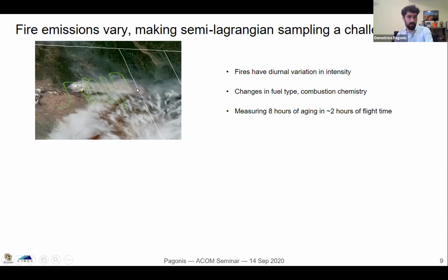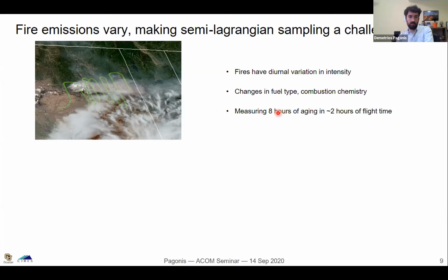Right, the typical sampling approach of measuring smoke from the air is to go ahead and just fly patterns back and forth across the smoke and do this semi-Lagrangian sampling. Just because of practical constraints, we're generally measuring many hours of aging in a much shorter amount of flight time.